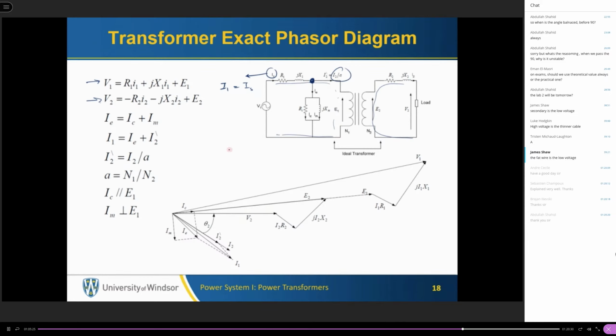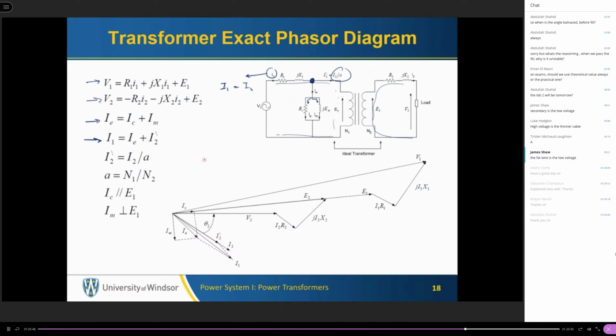So we got an equation for I1. IE, the excitation current, is divided between RC, the core resistance, and the core reactance. So this is IE. Basically this current will be divided like this. And we have the other relations.